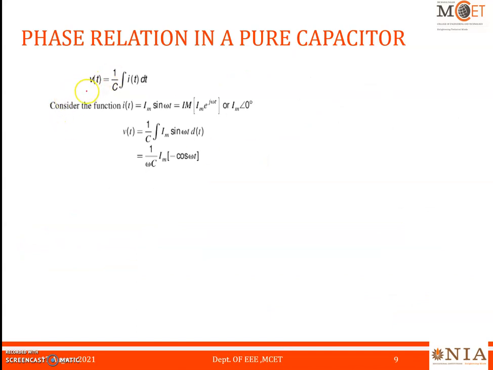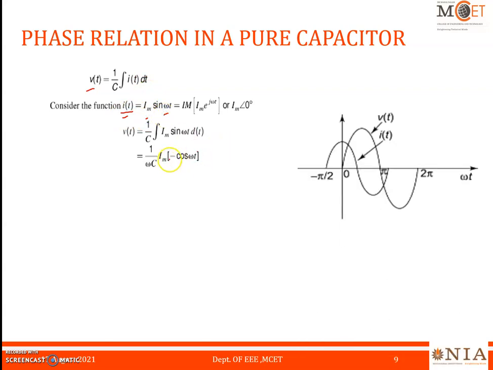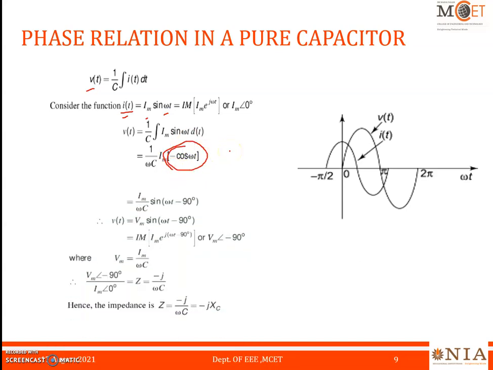In a pure capacitor, the voltage can be represented as 1 by C integral of I of t dt. I of t is nothing but Im sin omega t. Based on this, you will get the value as minus cos omega t, which can be represented as sine of omega t minus 90 degree. So the voltage lags by an angle of 90 degree, or otherwise the current leads the voltage by 90 degree.